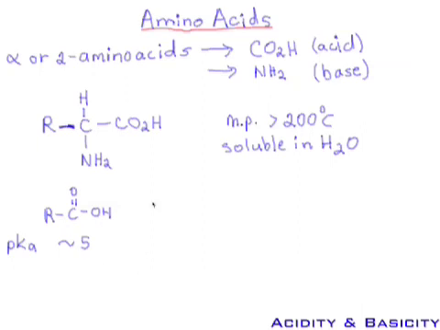The pKa for an amino acid, CH, CO2H, let's put the NH2 up, the typical pKa for amino acid is approximately 10. Now, amines, you measure base strength in terms of pKb, so let's write pKb down here.